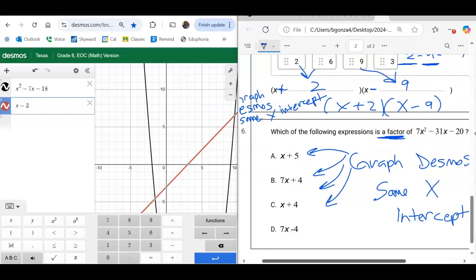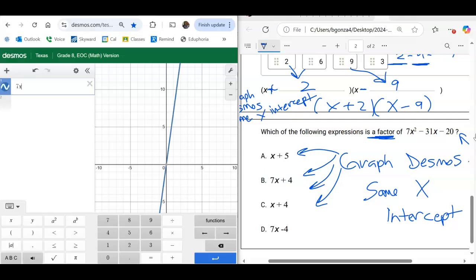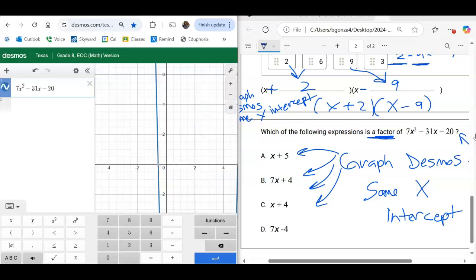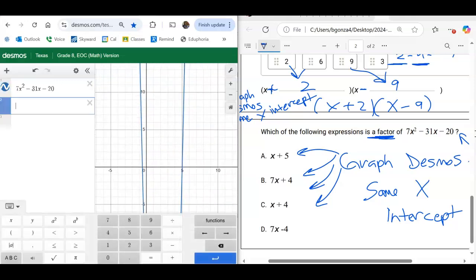So 7x squared minus 31x minus 20. Okay. All right. Now let's type these in. X plus 5. This does not cross at the same x-intercept.